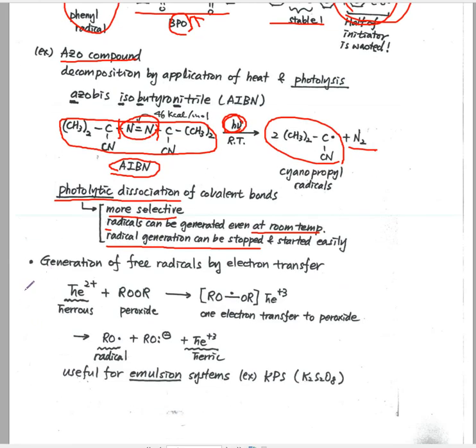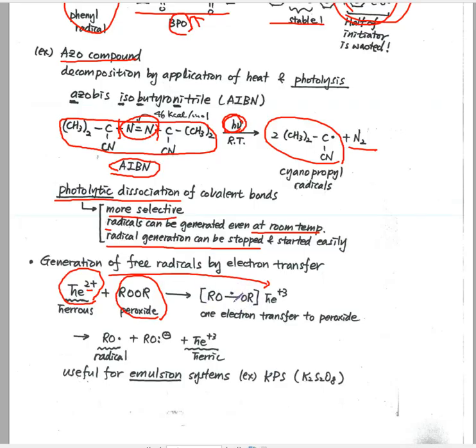Another method is by redox reaction. For example, if you have peroxide and react it with the ferrous ion, the 2 plus ion, then this ferrous ion can be oxidized to ferric ion, basically giving up 1 electron to peroxide.